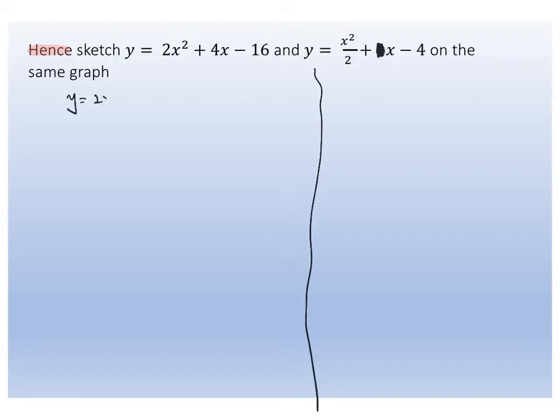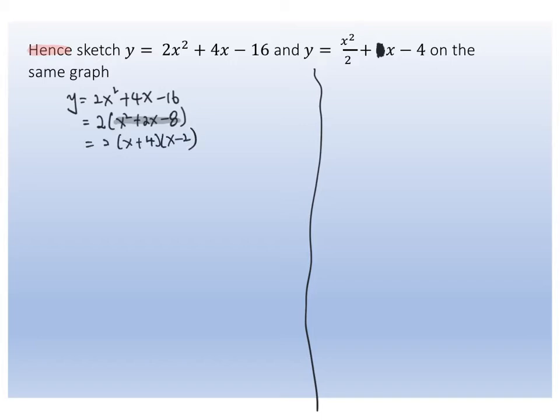All right, let's start with the first one. y equals 2x squared plus 4x minus 16. Factorize it by taking out the 2, the highest common factor, x squared plus 2x minus 8. All right, is this now familiar? This bit here is actually basically the same as here. We can rewrite it as 2 times x minus 4, x plus 4, x minus 2.